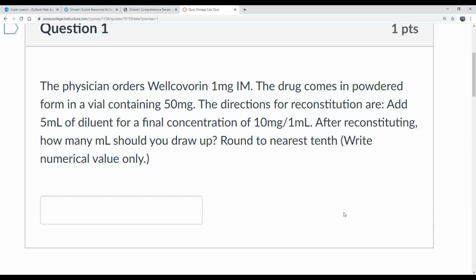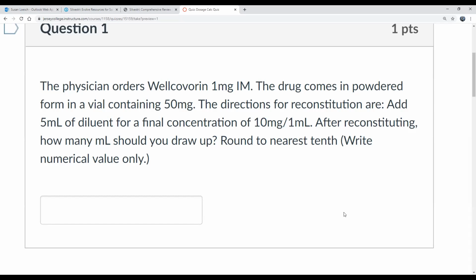Okay, so when you do math, what do you have to have in order to do a math problem? You have to have your desired dose, plus what you have on hand. And this is the same thing here. So your desired dose here is 1 milligram, right? Talk to me, nurses, so I know you understand. Desired is 1 milligram. What we have on hand, if our final concentration is 10 milligrams per 1 ml, that's what we have on hand.